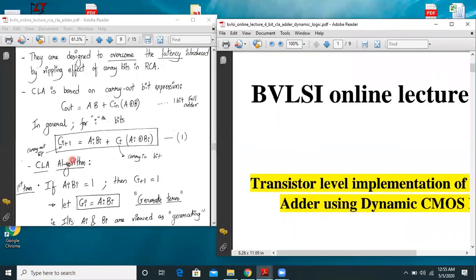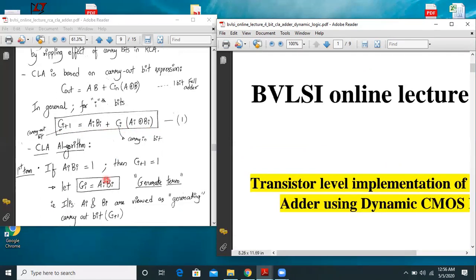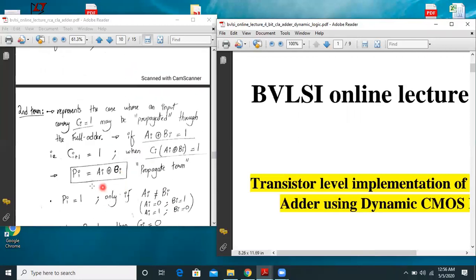Earlier we have seen the carry look ahead adder equations, that is Ci plus 1 is equal to Ai Bi plus Ci into Ai XOR Bi, where the generate term is given by Gi is equal to Ai into Bi, and the propagate term is given by Pi is equal to Ai XOR Bi.